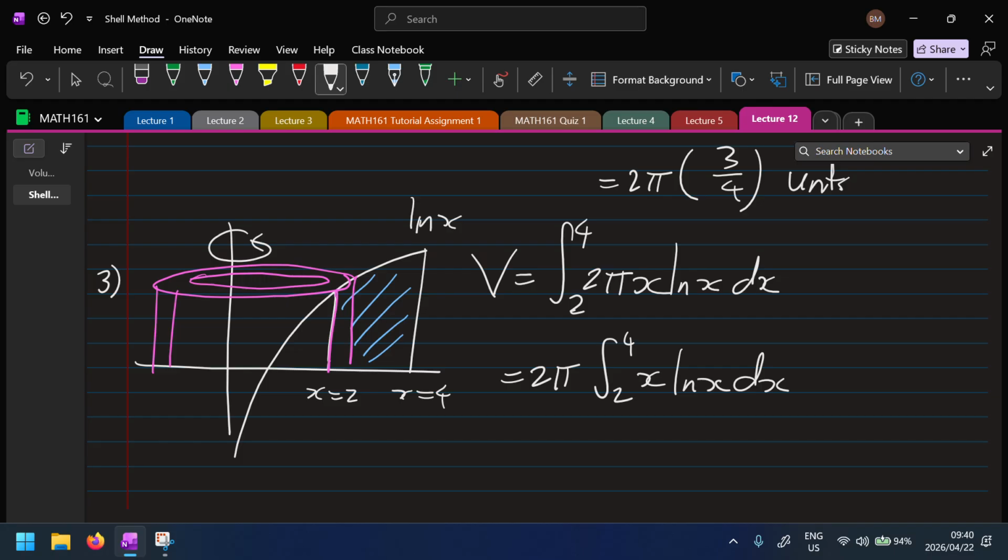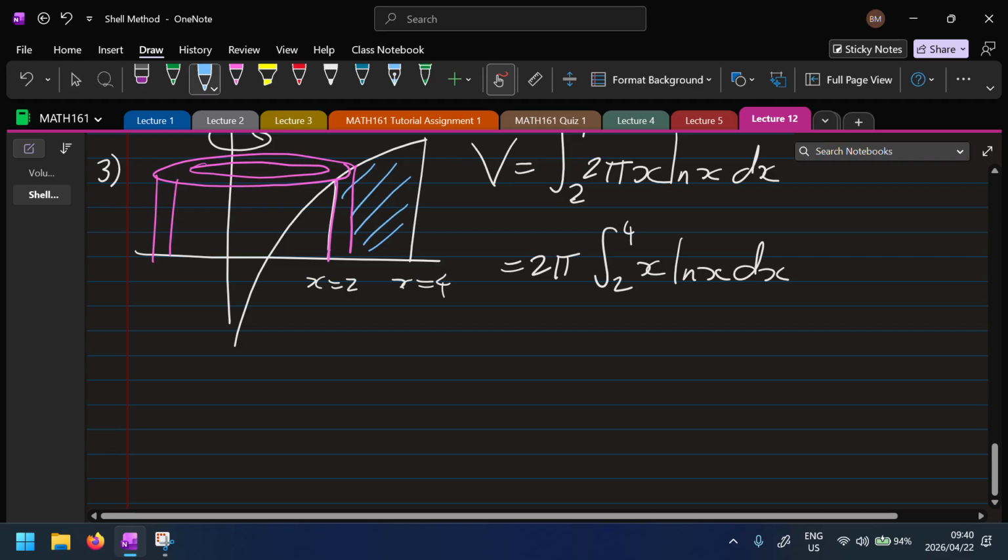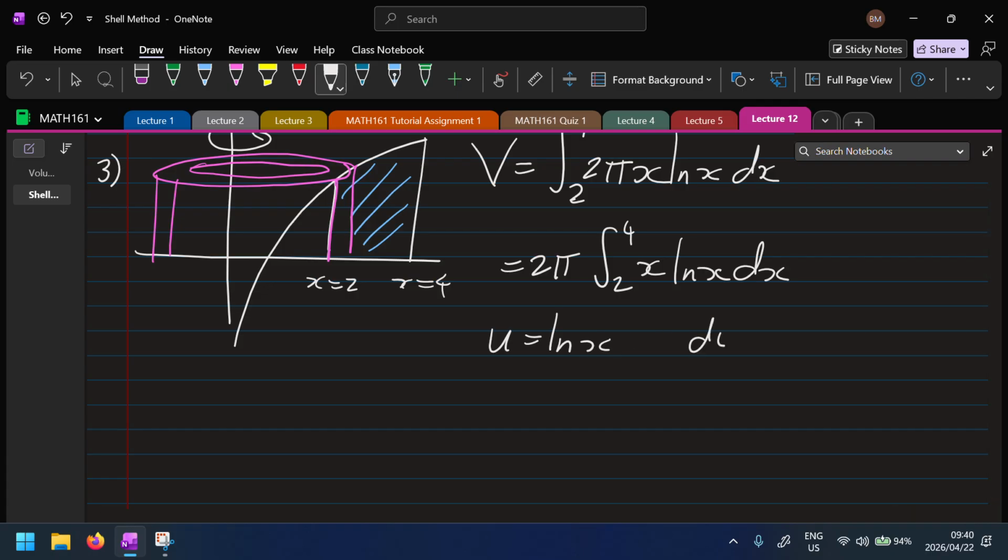Okay, we've got a product of two functions, so we have to do integration by parts. One of them is an inverse function, so that's going to be u. So again, like I said before, all of those integration techniques we did before, they can show up here. Okay, like with this one. So we need by parts. So we're going to have u equals the natural log of x. dv is x dx.